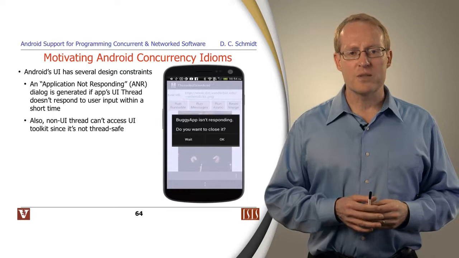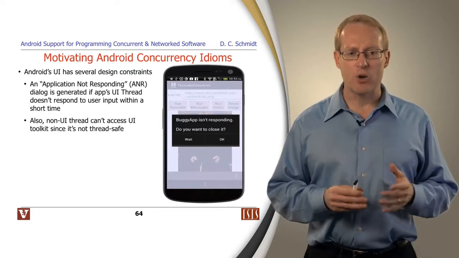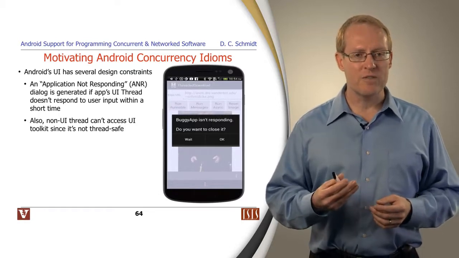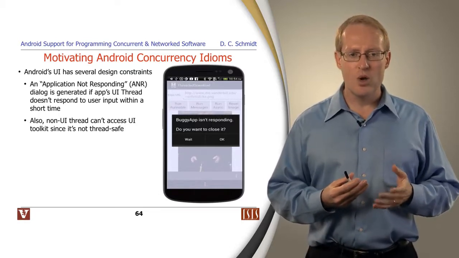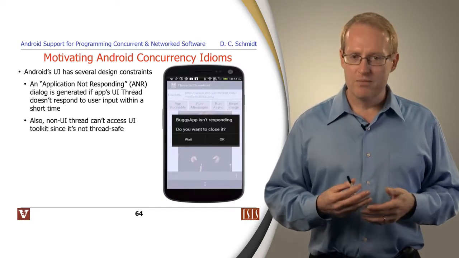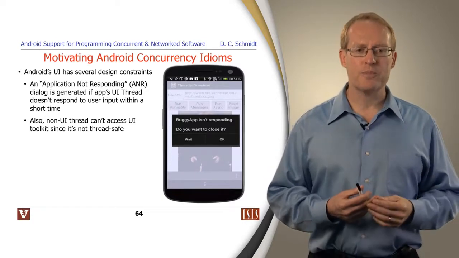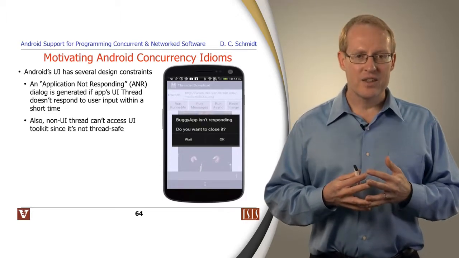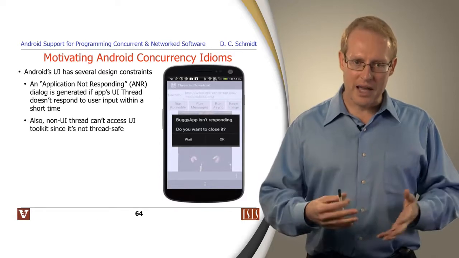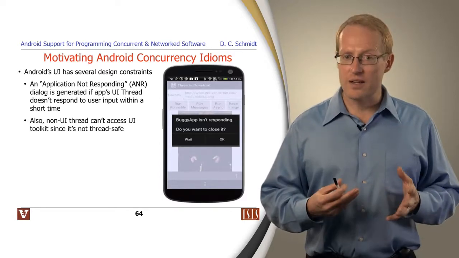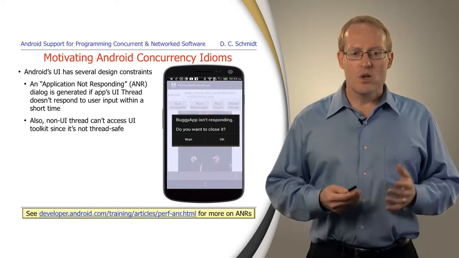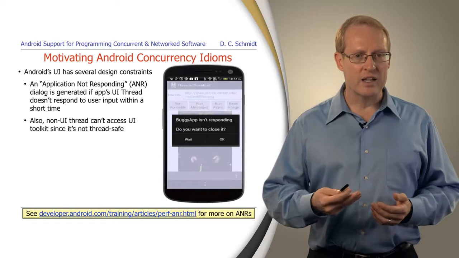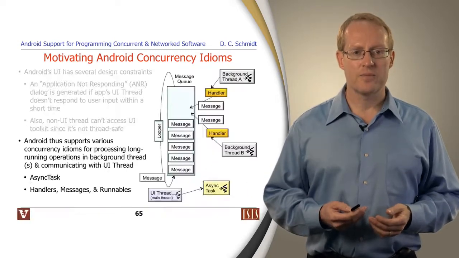One of the design constraints is that an application not responding, or ANR, dialog is generated if an application's user interface thread doesn't respond to user input within a fairly short period of time, typically 3 to 5 seconds or so. Likewise, non-UI threads can't access the UI toolkit, the UI classes and objects and methods and so on, since it's not designed in a thread-safe way. If you take a look at this link, you'll find out more about application not responding, or ANR, dialogs.